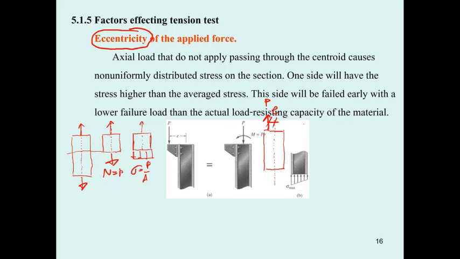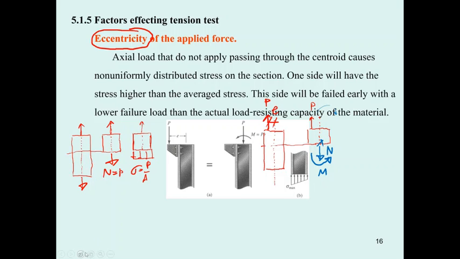If you cut this specimen and draw the free body diagram, we have an internal force here, this is going to be N. And since P is going to rotate about this point, the internal forces on this section are going to have a moment M also.